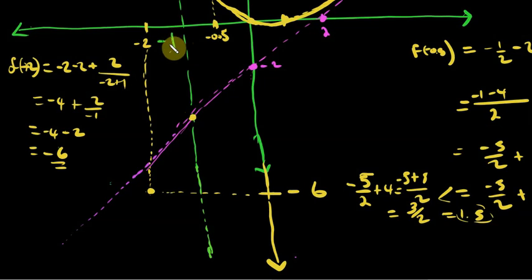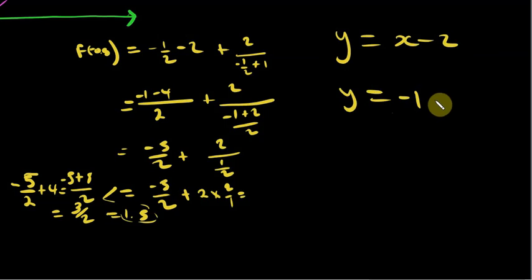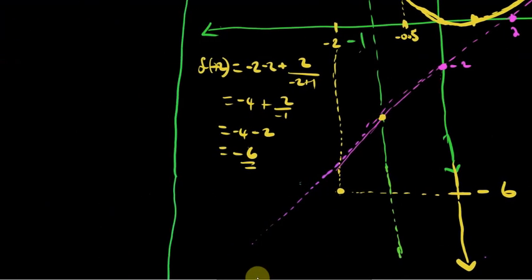What is the value of y when x is minus 1 in the slant equation, in the linear equation x minus 2? So if x is minus 1, y is minus 3. Therefore, this is correct.